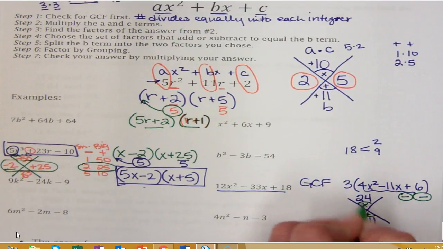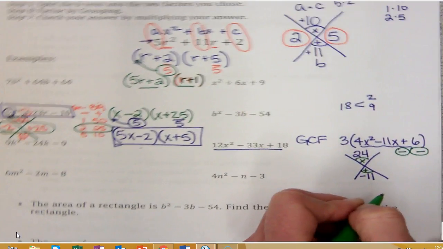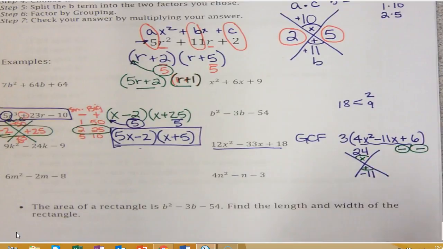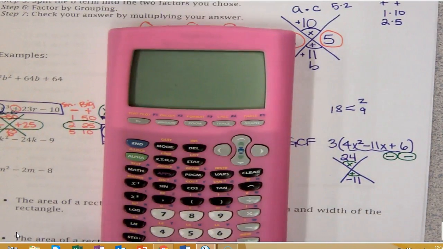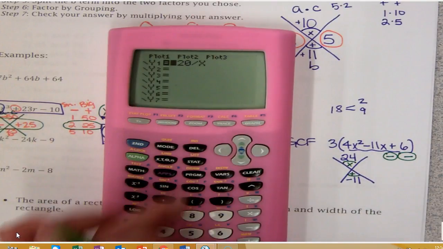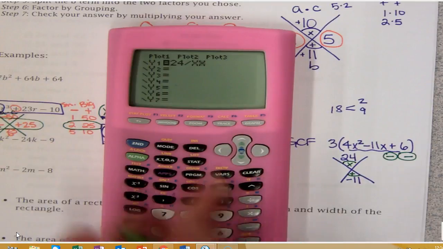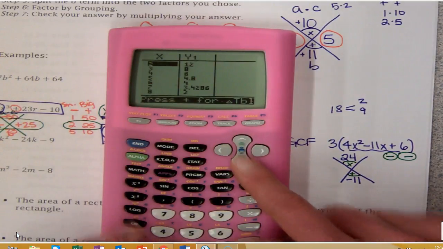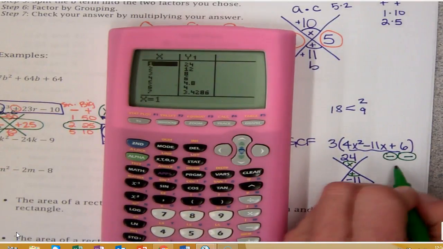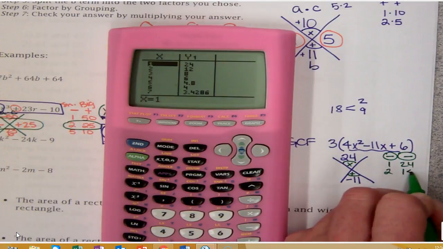So what two numbers do I know that multiply up to 24? Well, one way I can do that is plug that into my calculator, y equals 24 divided by x, and go to my table and look and say, all right, I've got 1 and 24, 2 and 12.